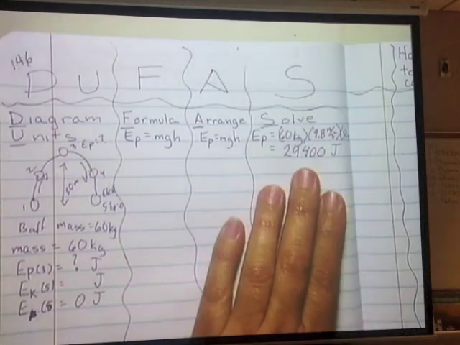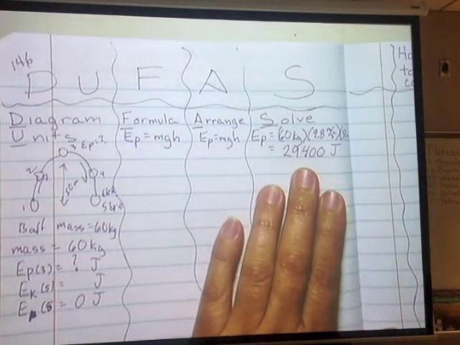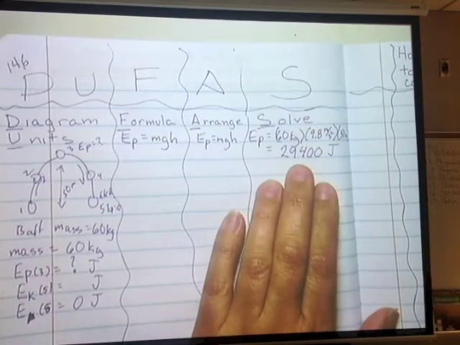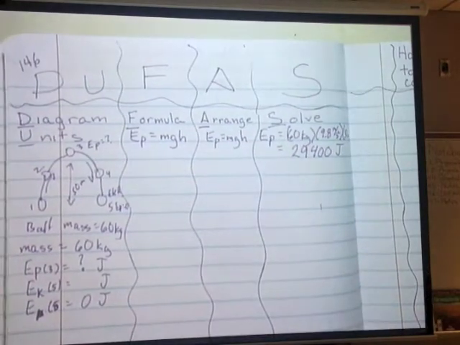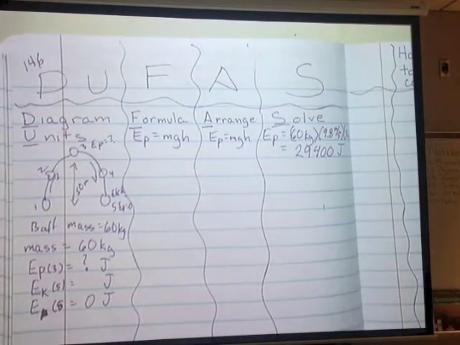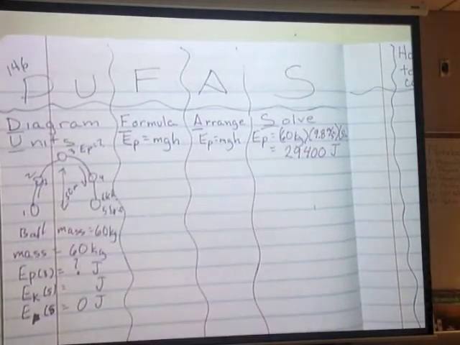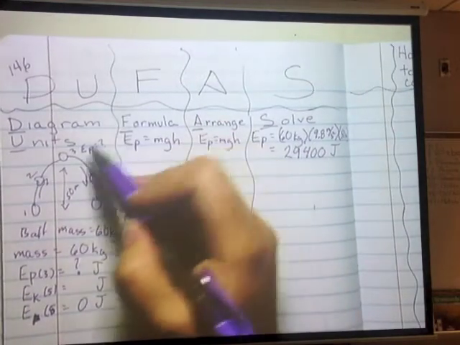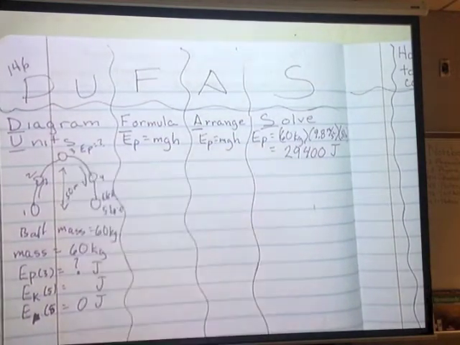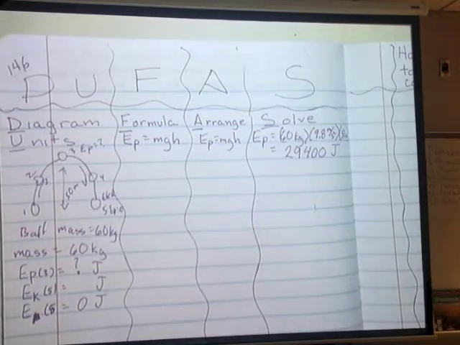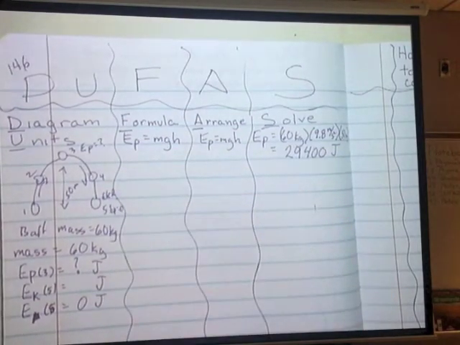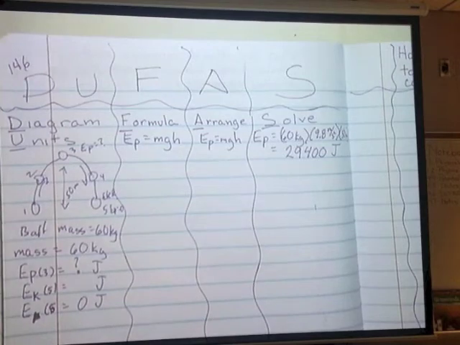Now, since this is the potential energy at the top, and we said that we have to ignore all friction, I know that in this diagram, the total energy at the top is 29,400. The total energy at the bottom is 29,400.